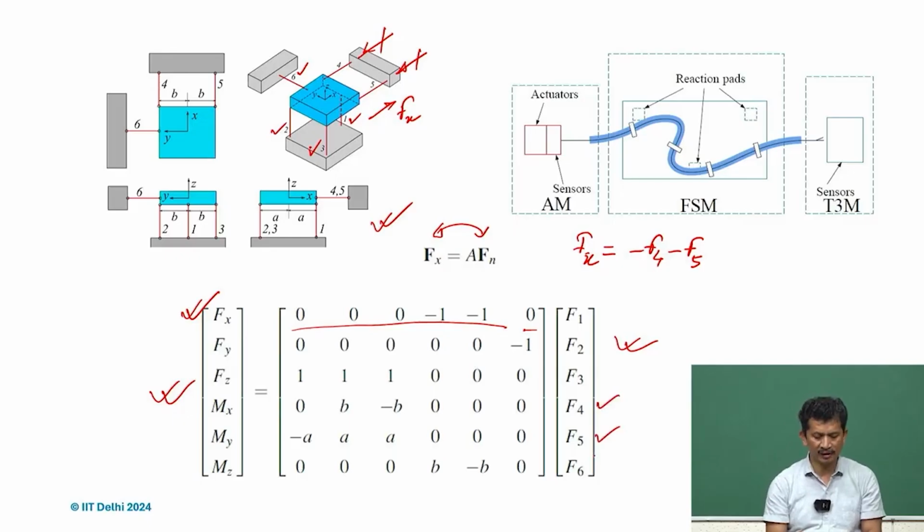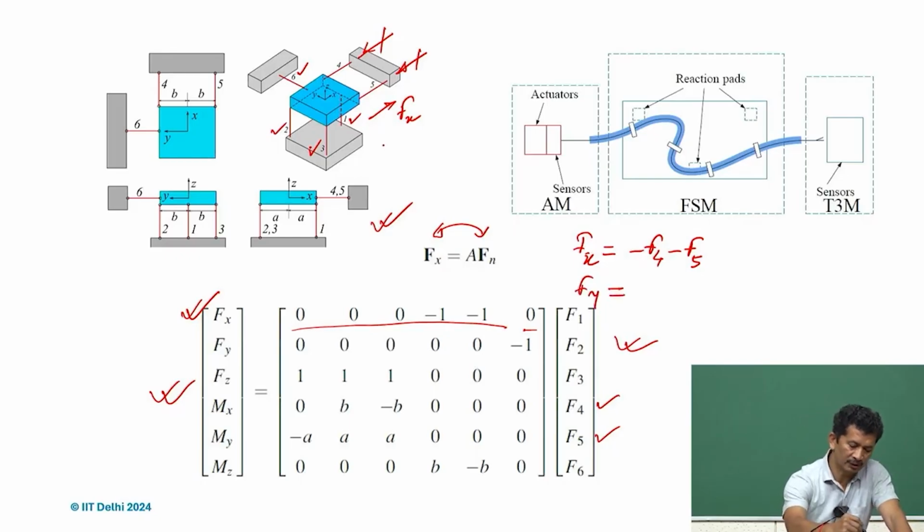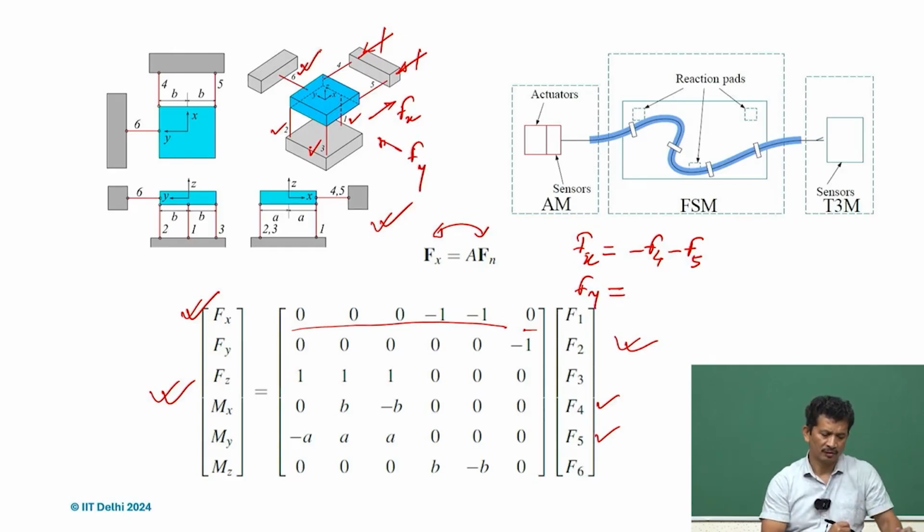Likewise, if I want to write Fy, so if I apply a force along this direction, Fy, it will be constrained only by the constraint 6, again compressive in nature.